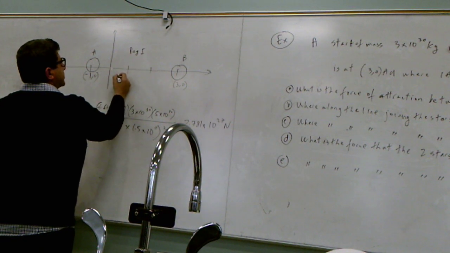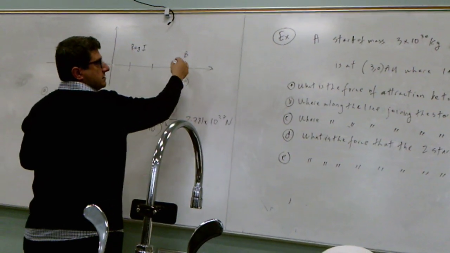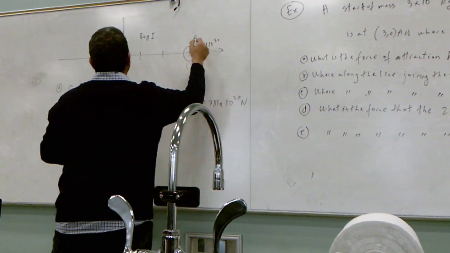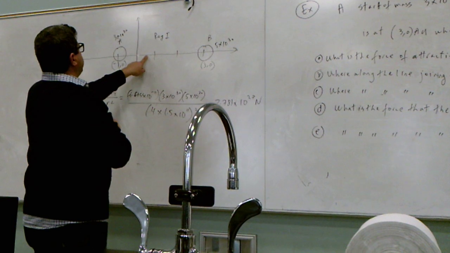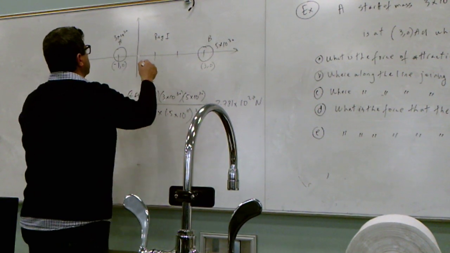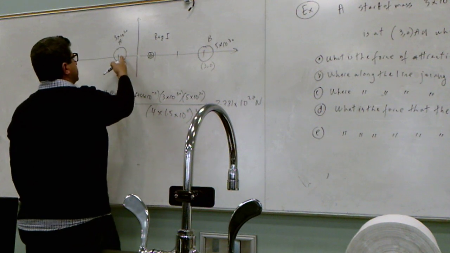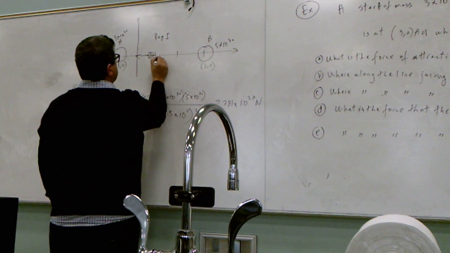Since this one is heavier, 5 times 10 to the 30th, and this one is 3 times 10 to the 30th, probably if I put it a little bit closer to this one, this one is going to attract it, and then that one is going to attract it.